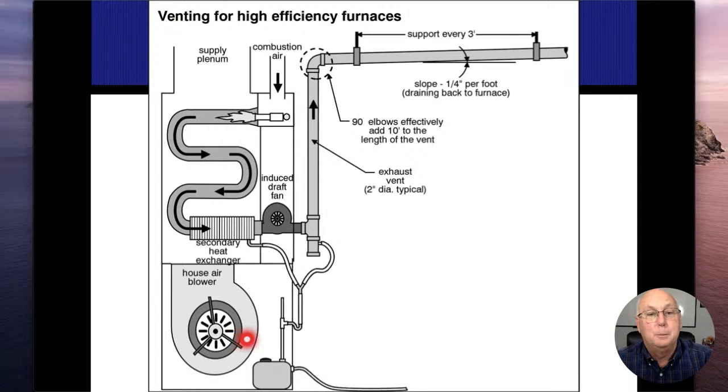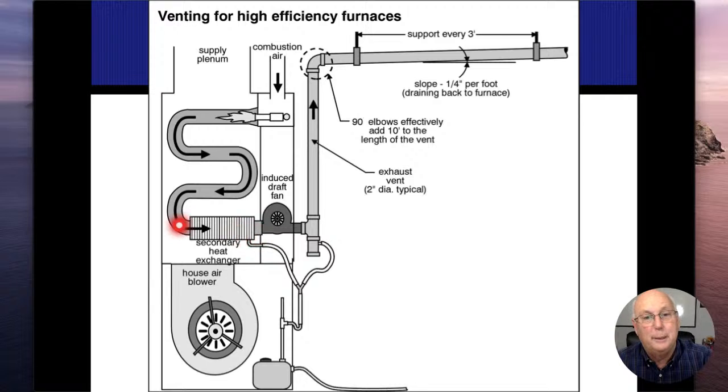Just a side note, and we'll talk about it again with high efficiency furnaces. All the way on the bottom of the floor underneath here, when these things are running, we want to peek underneath there and see if they're dripping. A lot of times we'll get a hole or a crack in the secondary heat exchanger. And since that's the lowest point, that condensation is going to collect there.